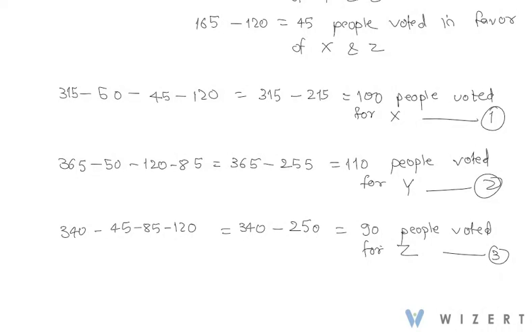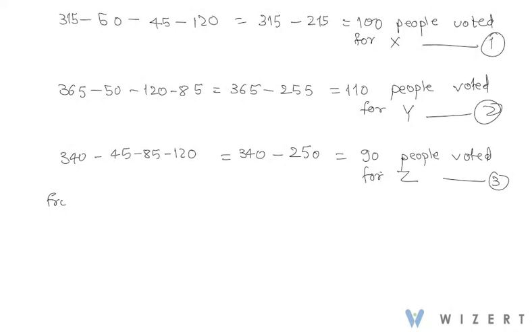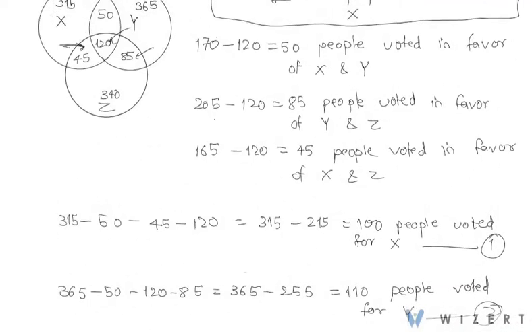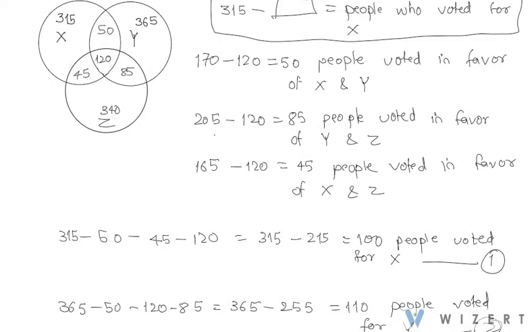Now from equations 1, 2 and 3 we can say the total number of registered voters who voted is equal to 100 plus 110 plus 90, plus the overlapping portions. So the total number of people who voted will be the number of people who voted for X, then Y, then Z, and then this portion is 50 plus 45 plus 85 plus 120.